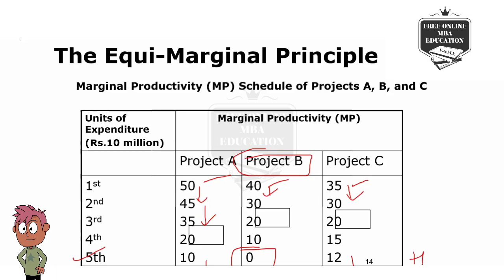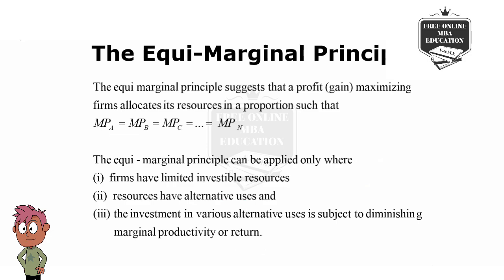Now, as a manager of such an organization, if I have to take a decision on which project I should keep on spending more money, the equimarginal principle will suggest that a profit maximizing firm will allocate the resources in such a proportion, given that the firm has limited investable resources and the resources have some alternate usage. The investment in various alternative uses is subject to diminishing marginal productivity or return.